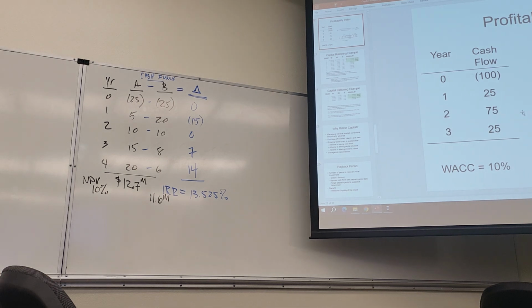So here's how we could take those numbers and get the profitability index. The profitability index for A would be 1 plus the NPV for A over the cash flow in year zero for A. So that would be 12.7 million.